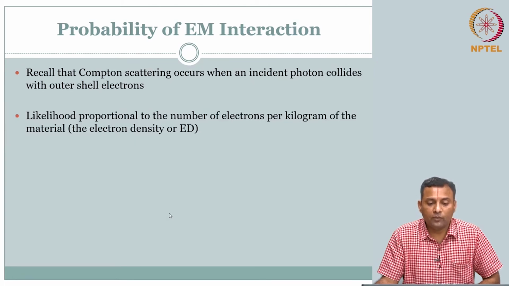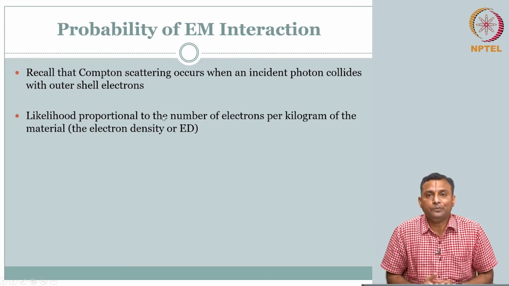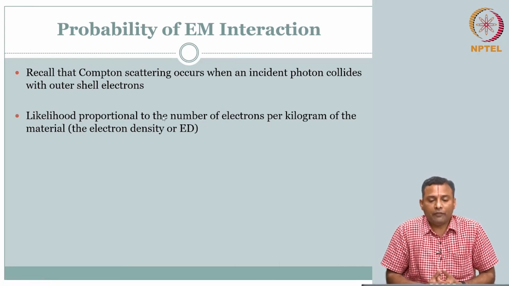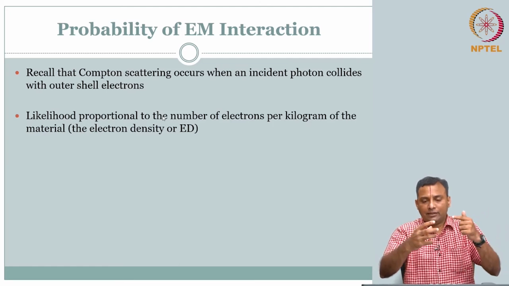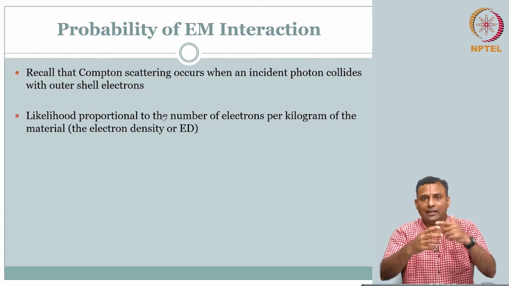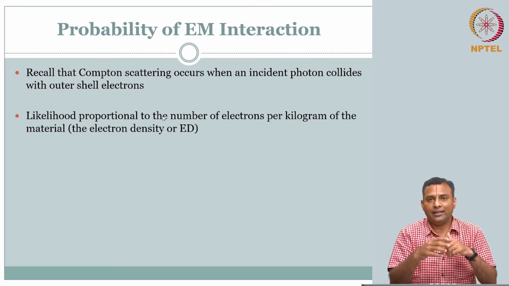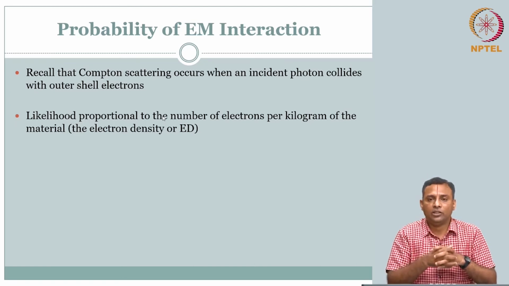So, then what about the probability of your Compton scattering? What we know is that in Compton scattering, when the energy comes in, it interacts with the outer shell, knocks the outer shell electron, reduces the energy and goes in another direction. So, when can you maximize that?